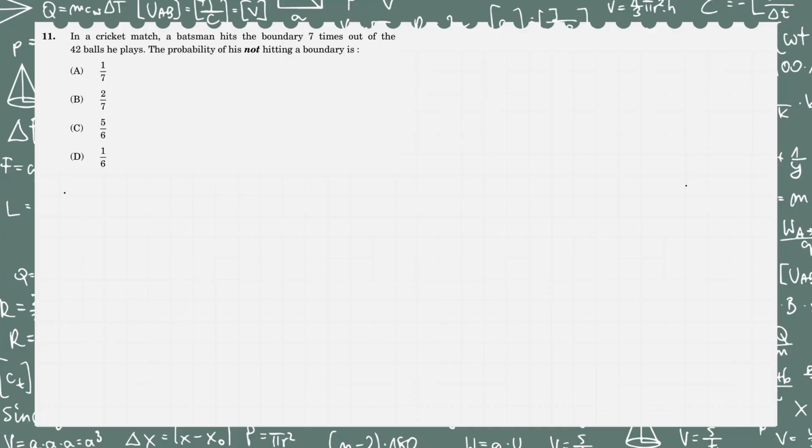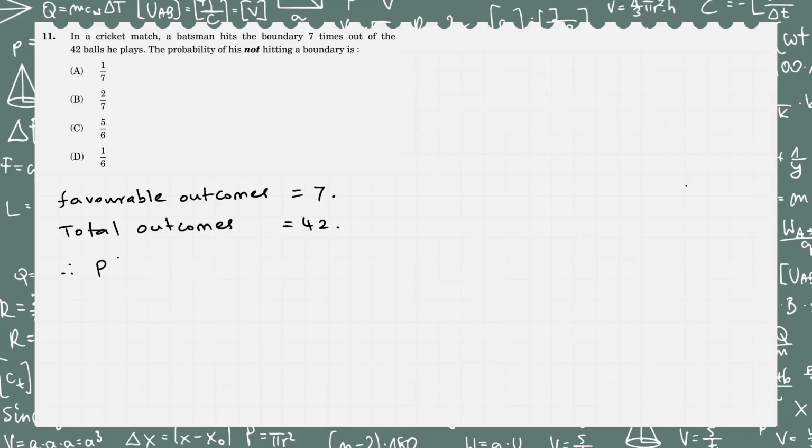Okay, so favorable outcomes will be 7. Why? Because 7 times the batsman hits a boundary. So 7 is the favorable outcome. How many balls has the person faced? 42 balls, right? So total outcomes will be 42.